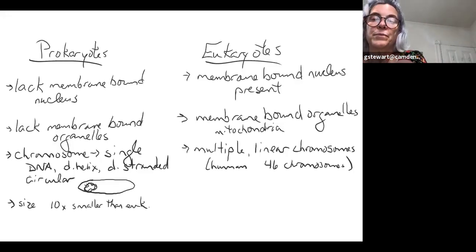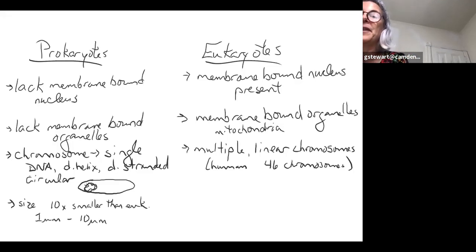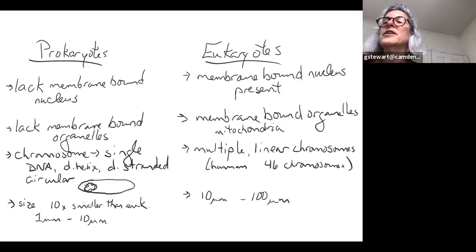If you are talking about specific measurements, an individual prokaryotic cell is between 1 micrometer and about 10 micrometers at the largest end, and eukaryotes, as I mentioned, about 10 times larger than that. So 10 micrometers, that's the size of a red blood cell, up to, at their very largest, 100 micrometers. And some of those are single cell protists, or a piece of a fungus that's very large. It's not super common.